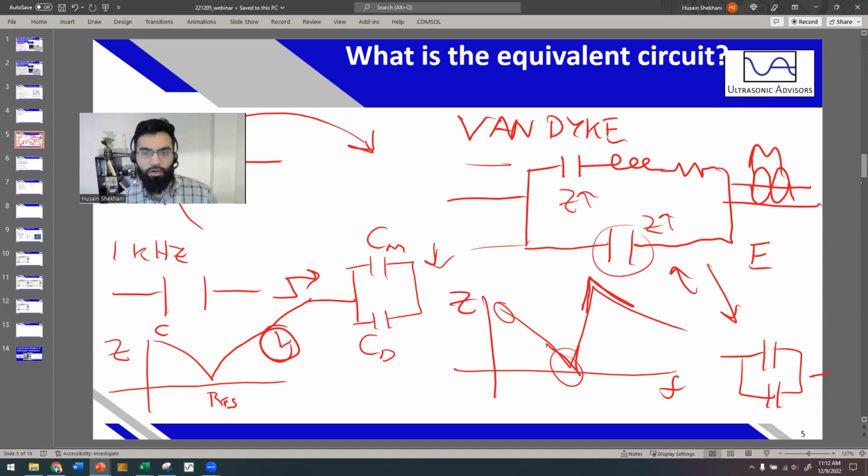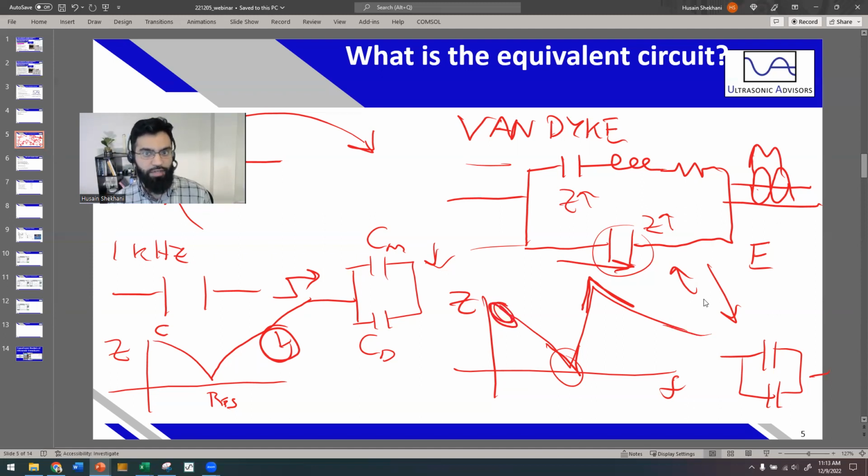Now you still have movement and current, which represents power in this case, but that is a little crash course. As you keep going up in frequency, now your capacitance impedance is lower than the LCR branch, therefore you return to a capacitor.